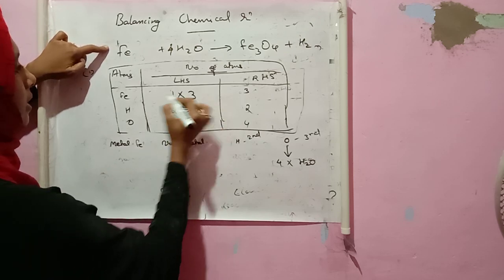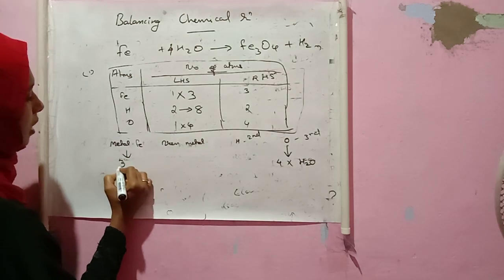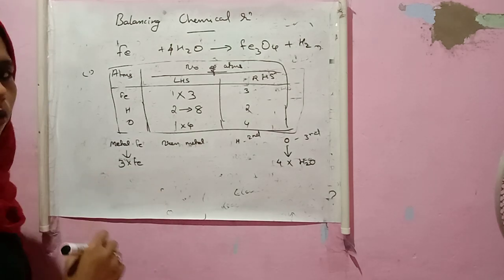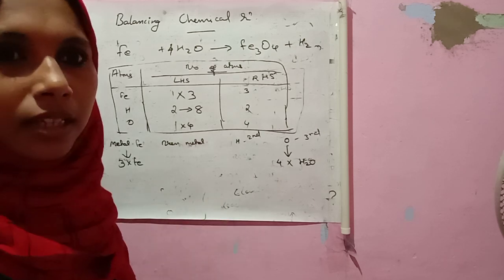Now the metal is balanced: 3 Fe. Since it is in elemental form, there's no need to worry about other compounds or atoms changing.